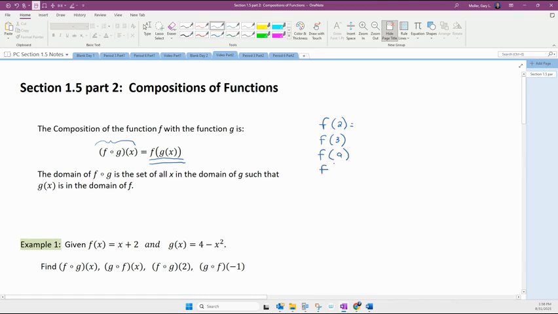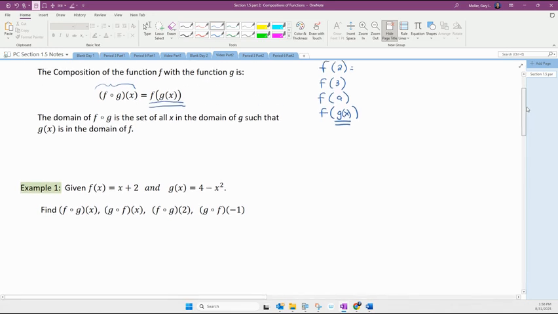So f of g of x is telling you, go find this function g of x, and just like you did with the 2 or the 3 or the a or the x plus h, or whatever else we've done this year, we're going to replace the x with whatever that is. So it's pretty simple as long as you understand the notation and you don't screw it up.